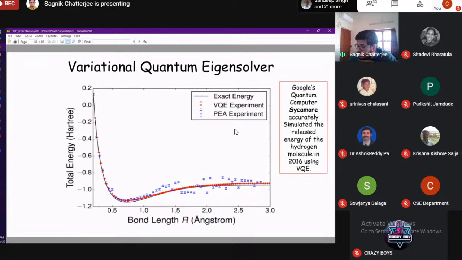As I said, Google's quantum computer Sycamore accurately simulated the released energy in 2016, and this was a huge deal. This experiment is probably the reason why there's so much interest in quantum nowadays. This and D-Wave's quantum annealing experiments.